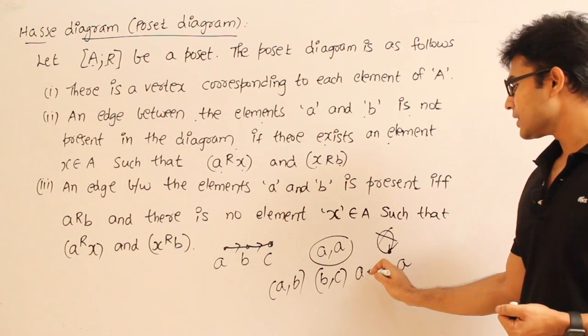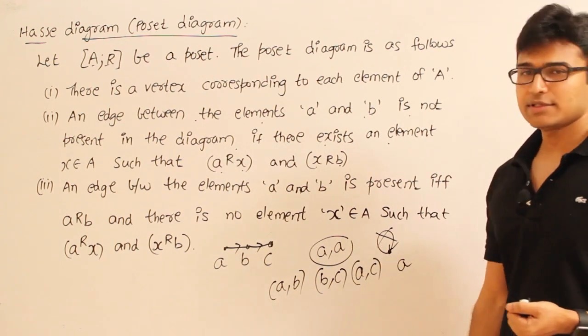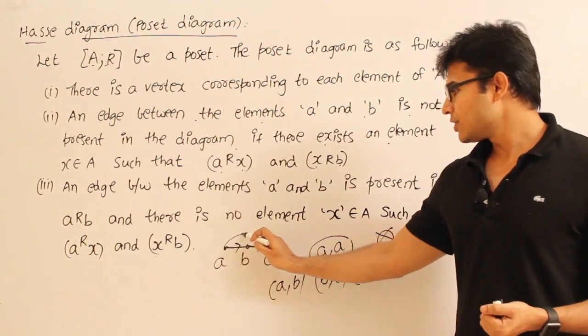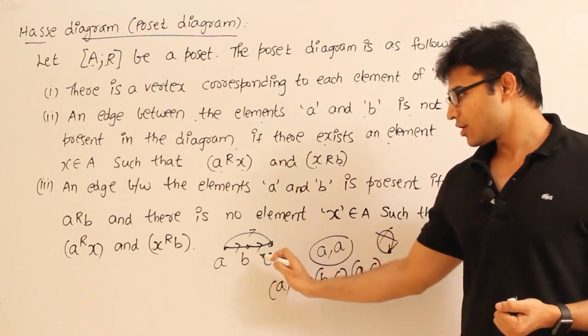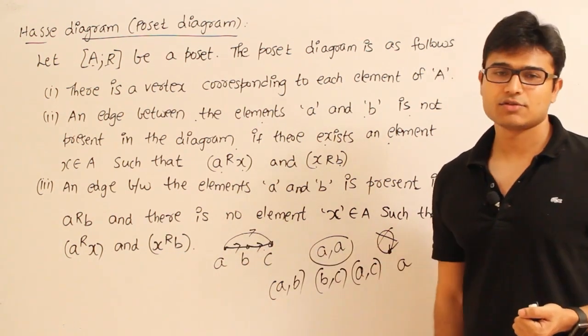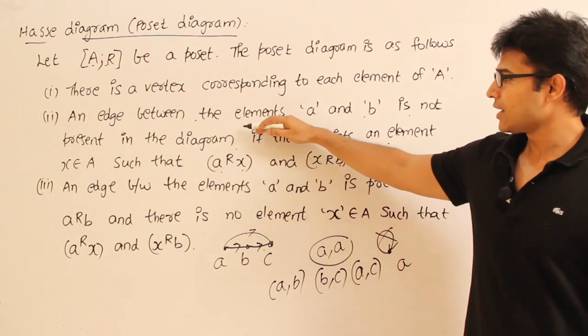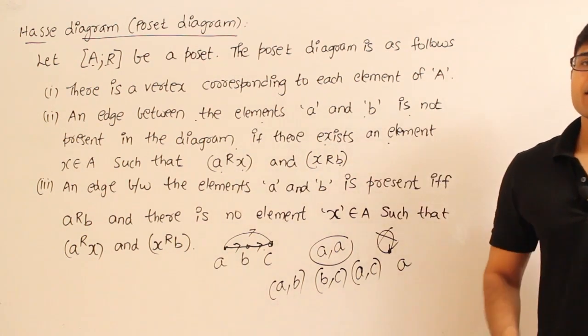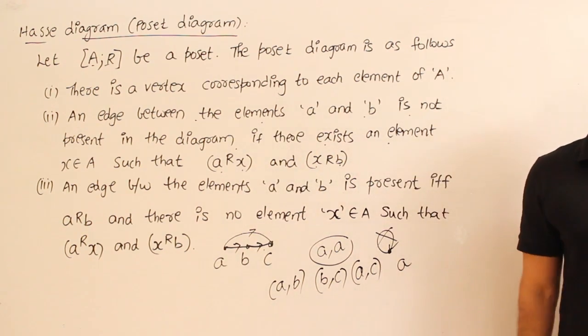And if you have the ordered pair (A, C) as well, we will not put this link because it is already implied from these two edges. That is the meaning of it.